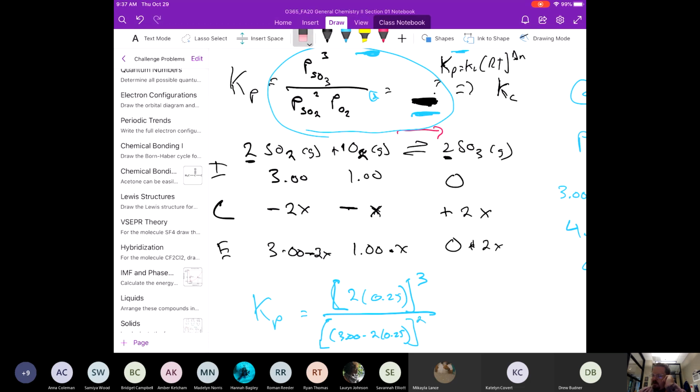And this would be squared, not cubed. Times the partial pressure of oxygen, which would be 1.0 minus 0.25.